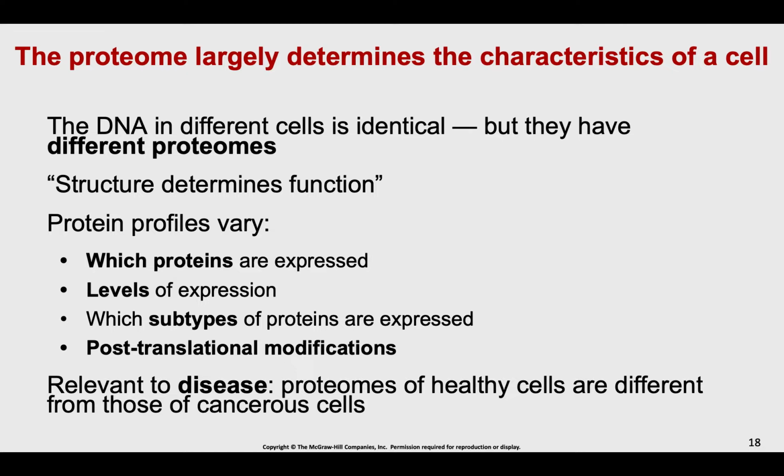And then post-translational modifications, which is basically saying maybe that protein has folded slightly differently from another protein. Now that's way beyond the scope of this course. I just threw that up there to show you that there are more ways that you can change the different proteomes between different cells.